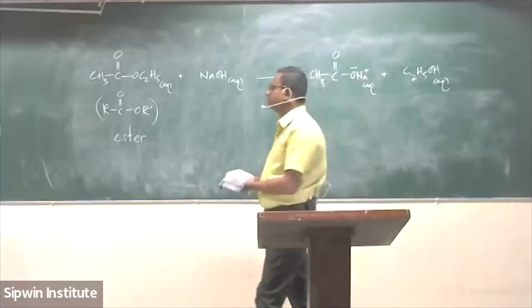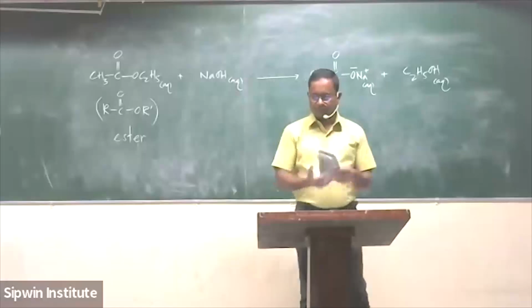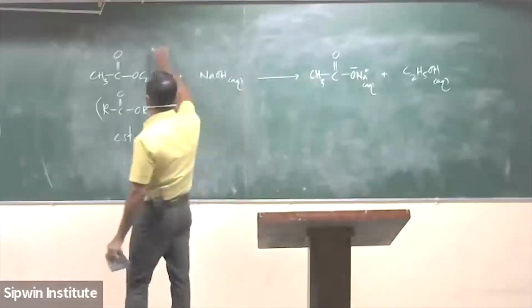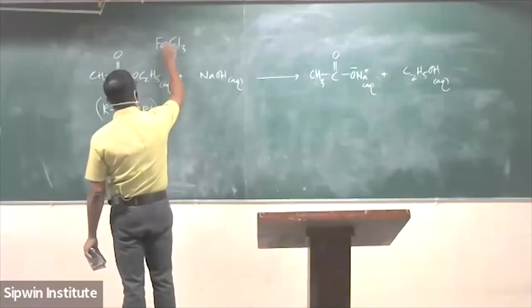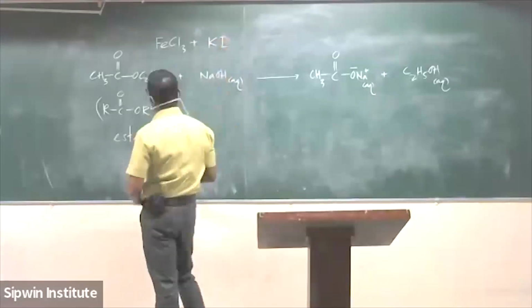Next example. Reaction between ferric chloride, FeCl3, and potassium iodide, KI.